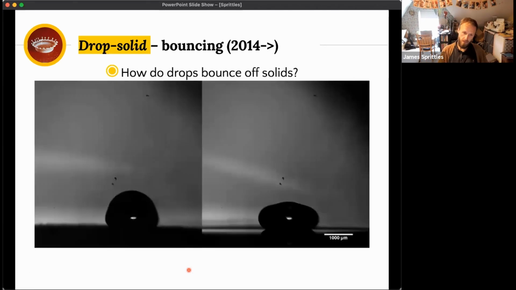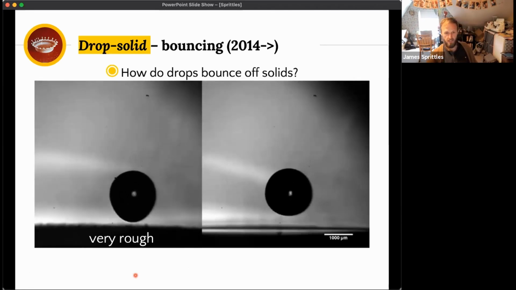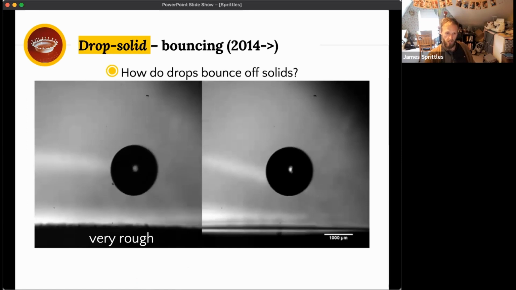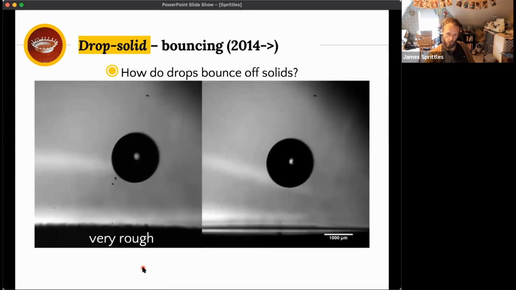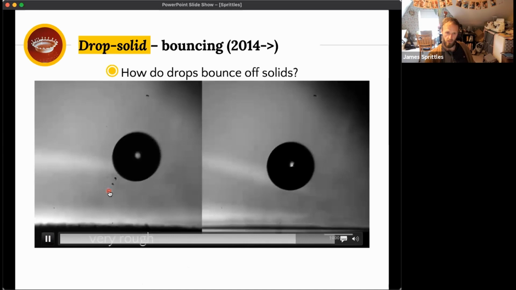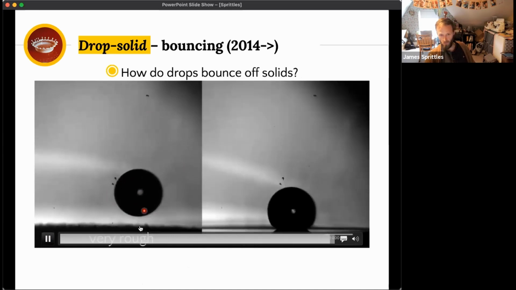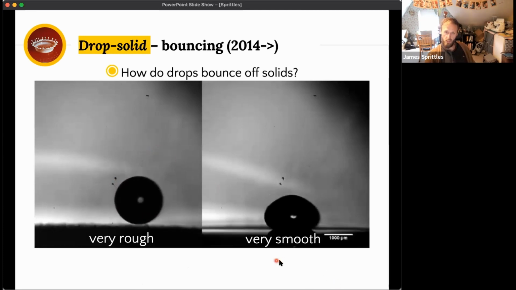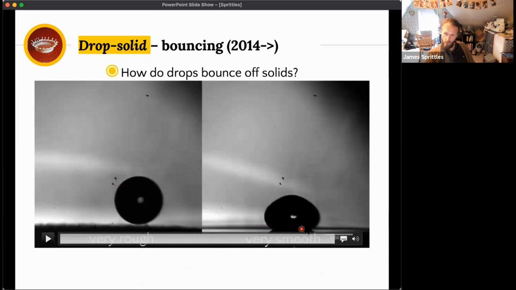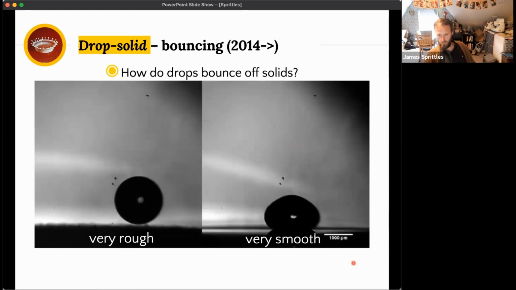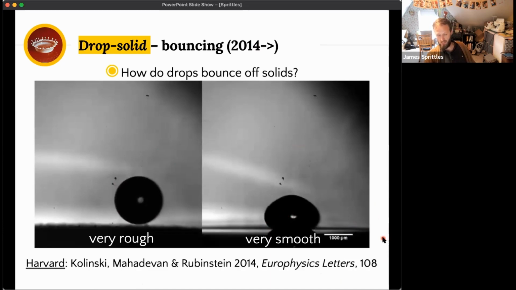Typically someone always mentions superhydrophobicity. So this is a very rough, non-wettable surface, and that's the drop impact on the left. This drop actually touches the surface, but because the surface is non-wettable, it rebounds. In contrast, on the right, we see this new discovery in 2014 that very smooth surfaces can have air films under the drop which cause them to rebound. So this is actually a wettable surface. The drop would spread out on it when it contacts it.